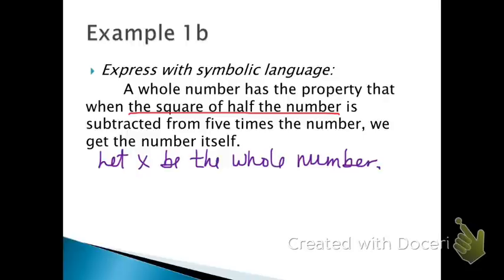Okay, so what I would do is I would have half the number. One way to do that is 1/2 x. And I want the square of half the number, so I'm going to put all that in parentheses so that I can square it. Okay, so that's one way to do it. You may have come up with a different way to do it. Some that I'm thinking of, you could have half the number squared.